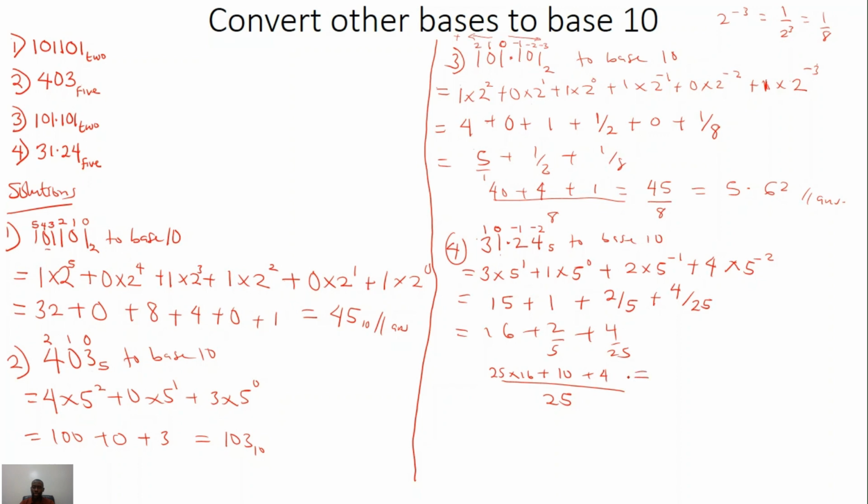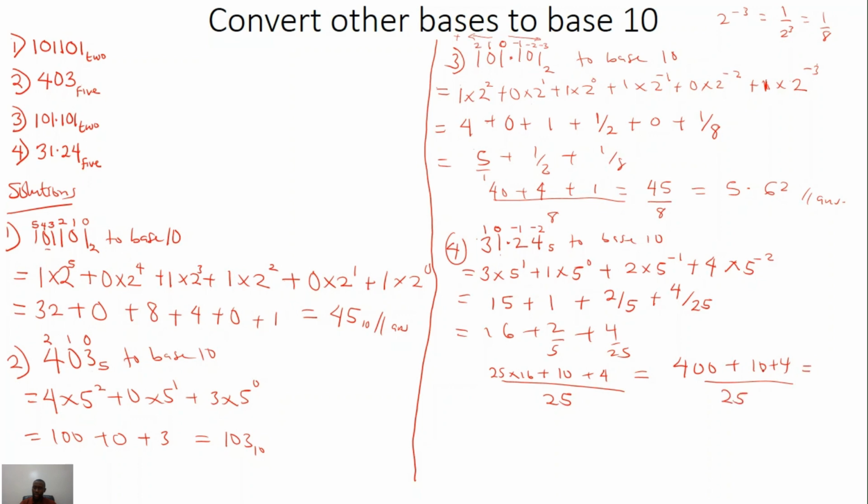And this will be equals to 400 plus 10 plus 4 all over 25.